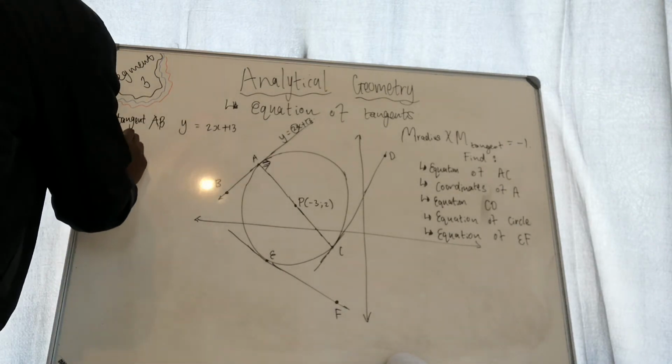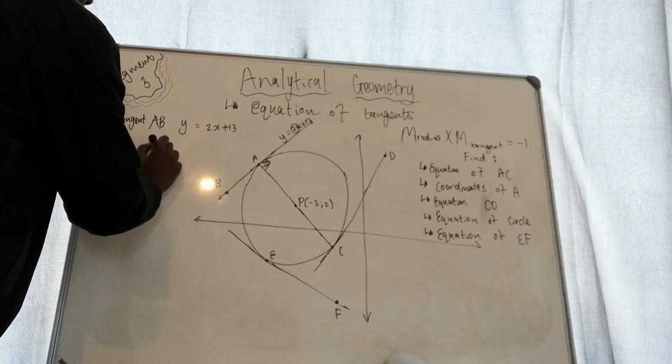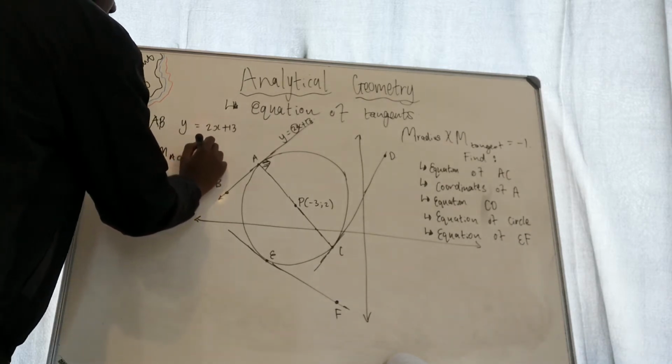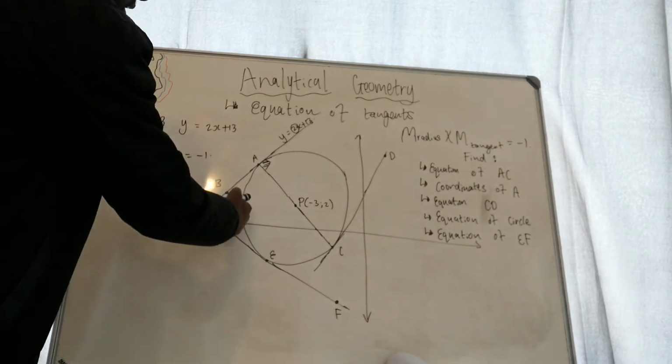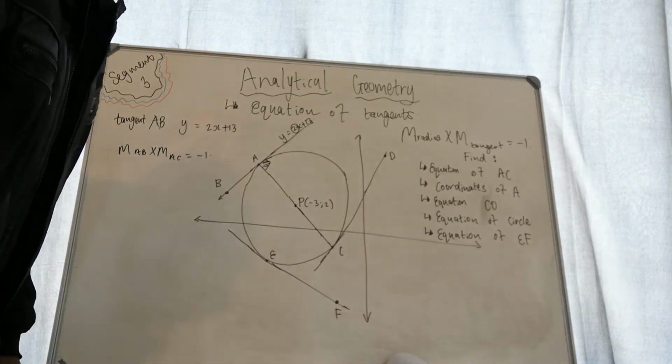So I'm going to say gradient of AB multiplied by gradient of AC is going to give me -1. What I'm basically saying is that that gradient times this gradient will give me -1.